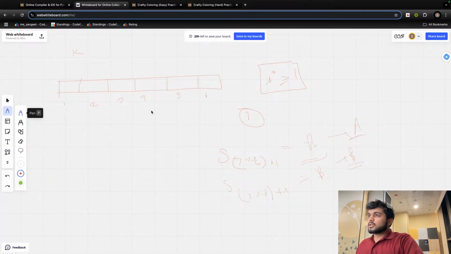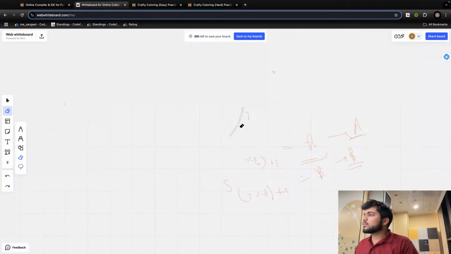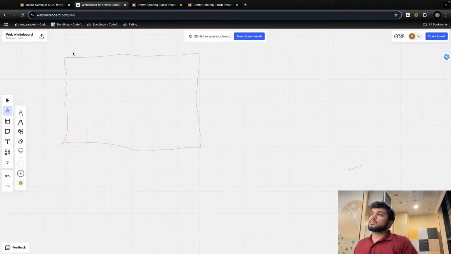So let's say we have some matrix. So n here is 4, and m is 1 2 3 4 5 6, and m equals 6, right?